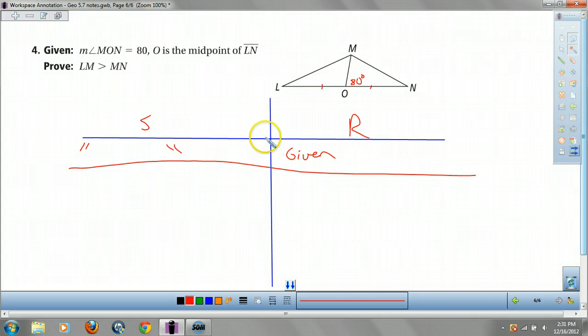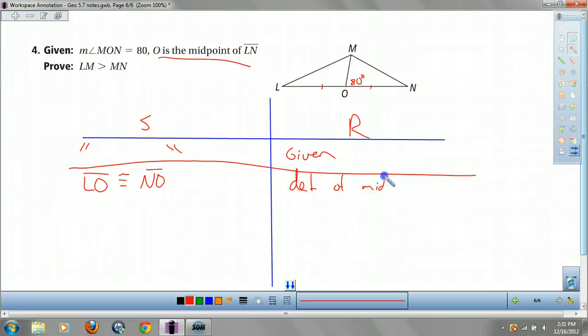So here's what we do next. I want to say LO is congruent to NO by O is a midpoint, guys. And I have to use it, so I'm going to use it right away. Okay.